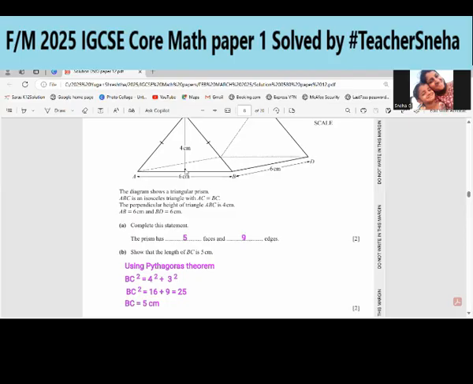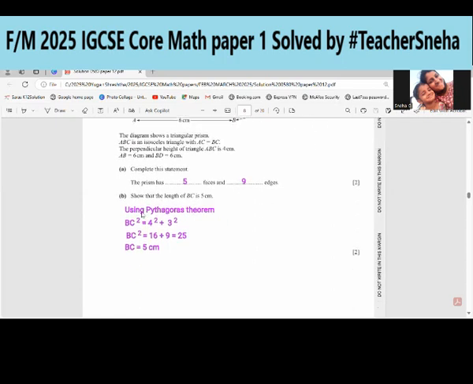If I take half of this base, 6 centimeters half is 3 centimeter. So BC square is 16 plus 9, which is 25. And therefore BC is square root of 25. That's 5 centimeter. And thus, that is the requirement of the question, that I have to show that BC is 5 centimeter.